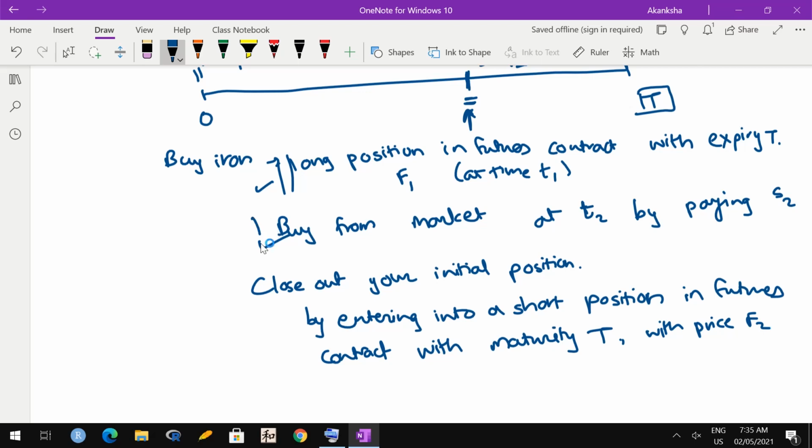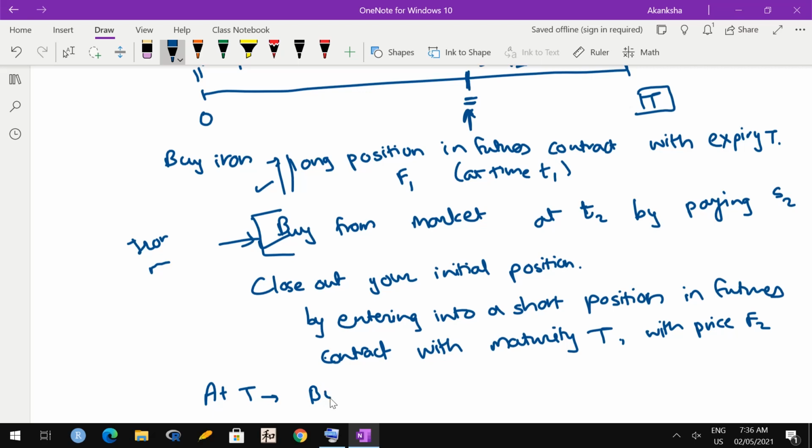So you had some money, you bought iron, so your iron requirement is finished, and whatever money you had, that is also kind of finished. And now at capital T, what happens? At capital T, you have to do transactions for two opposite positions, so they will kind of pay for one another. So from your short position in this second futures contract, you have to sell, and from earlier long position you have to buy.